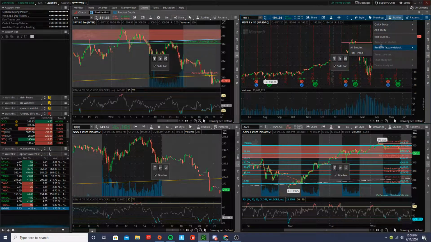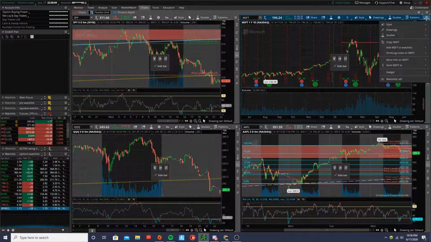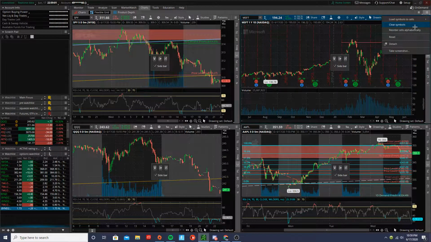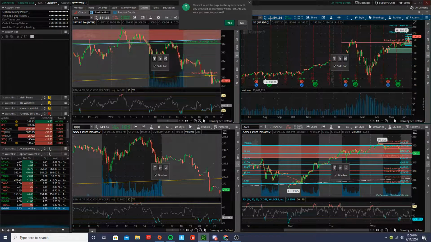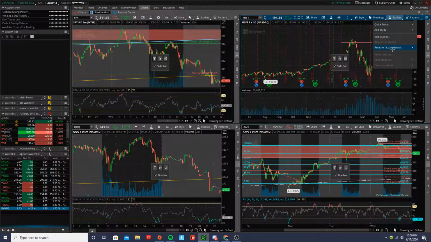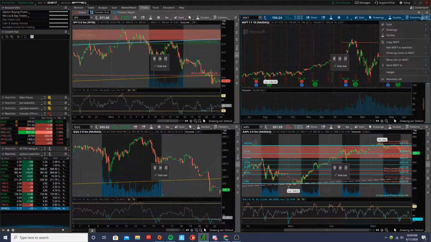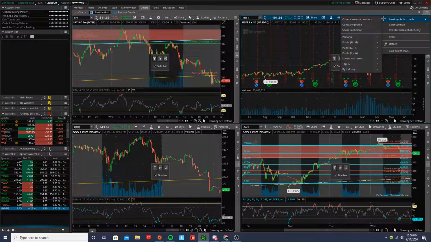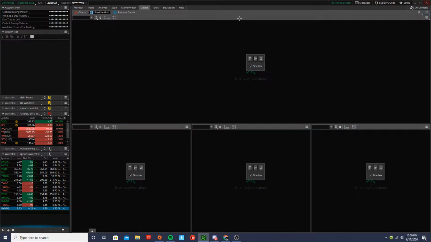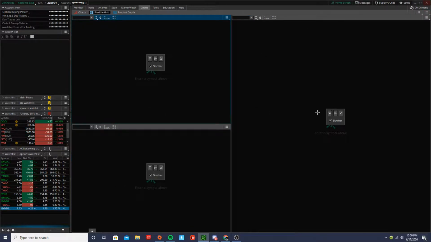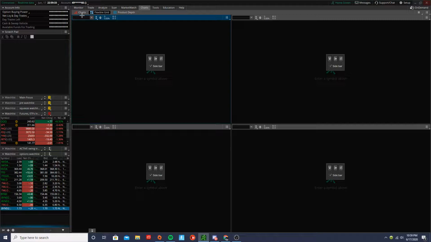Studies, reset to factory default, no. Here we go. So right here I can show you how to make the chart. I can remove these two, put two above. It's pretty simple.